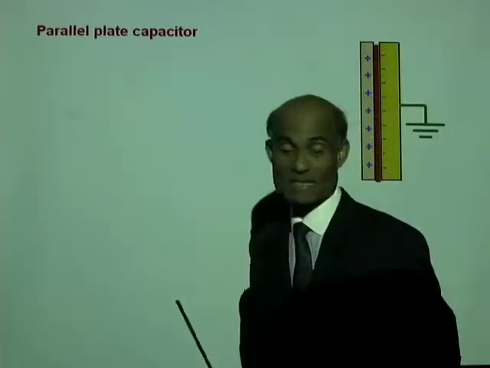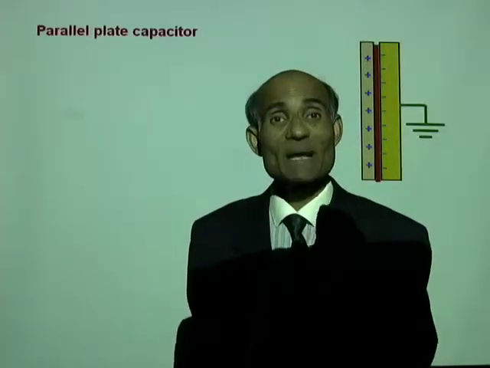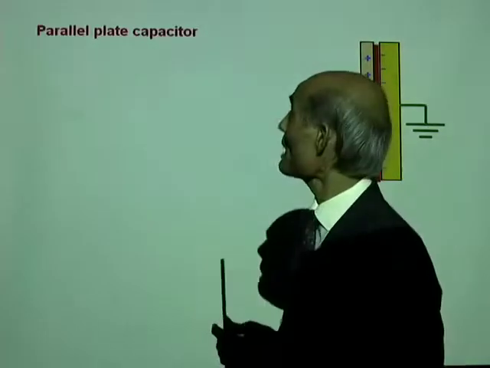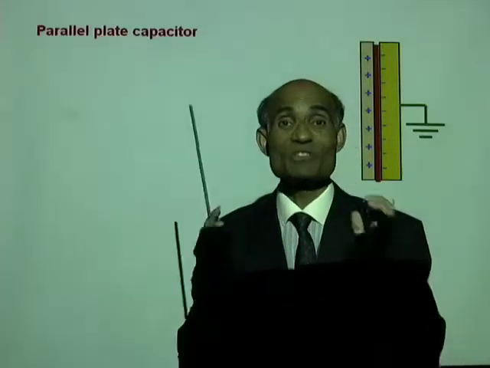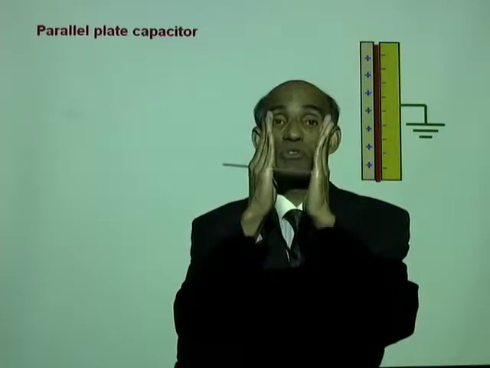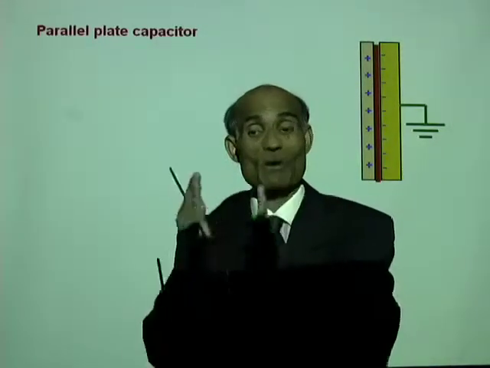Let's now look at one type of capacitor called a parallel plate capacitor. Well, as the name suggests, this is made up of two conducting plates, both made of parallel plates.